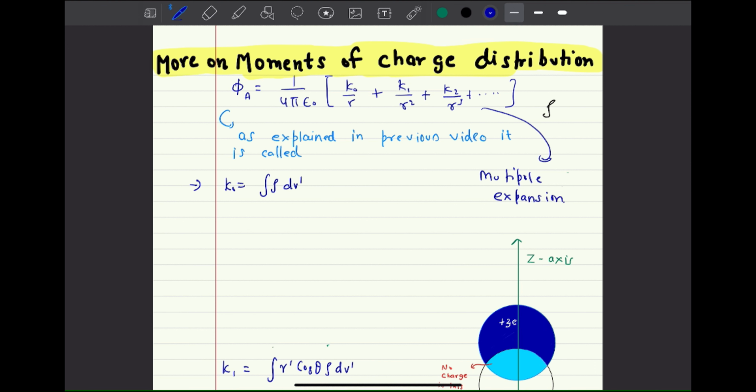In this video, we are going to explain these terms K0, K1, K2 and so on. Here K0 is called the monopole moment. K0 is nothing but simply the total charge in a distribution.